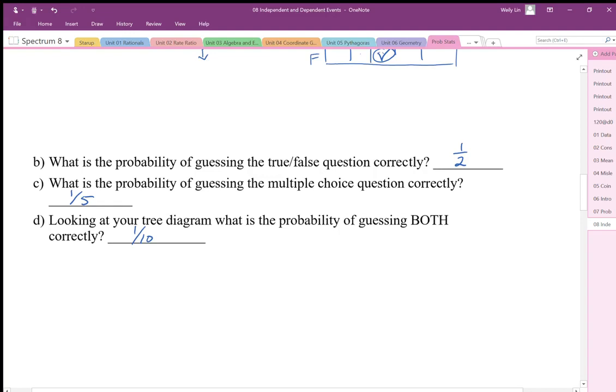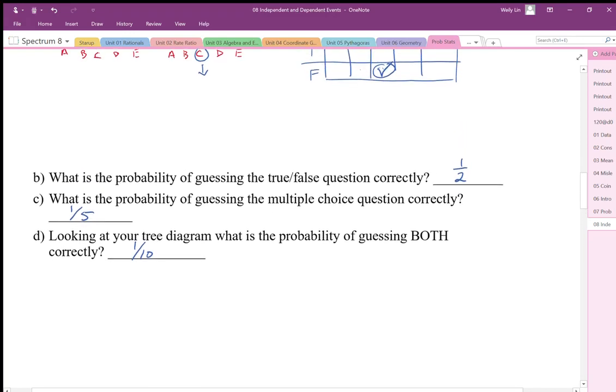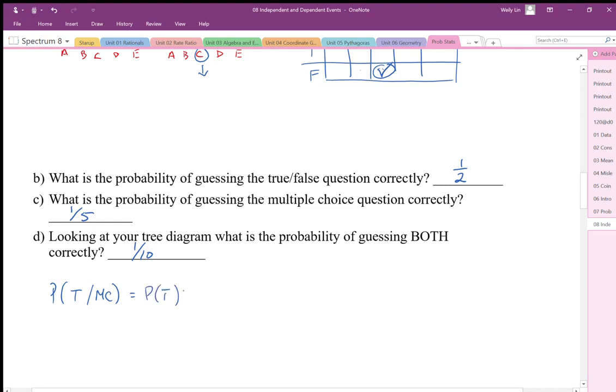And we can see also that if we actually multiply these probabilities together, the probability of true false correct and multiple choice correct is going to be the probability of the true false times the probability of multiple choice, since these are consecutive independent events. That is 1 out of 2 times 1 out of 5, which gives us the 1 out of 10 that we see in our diagram.